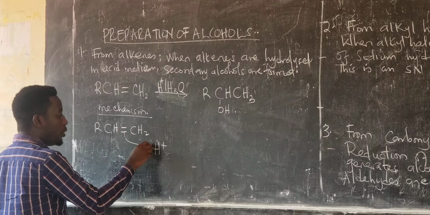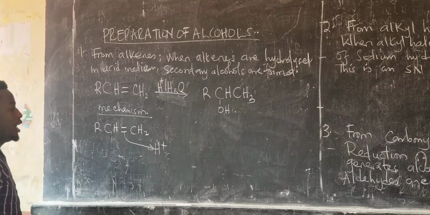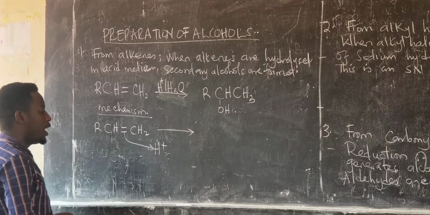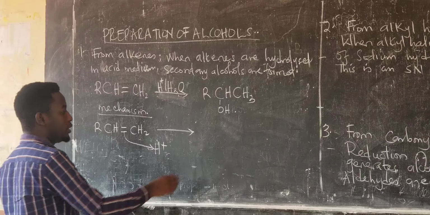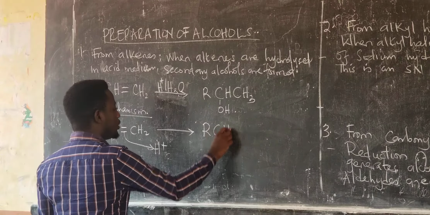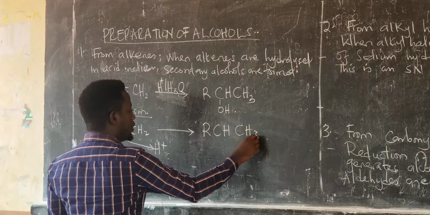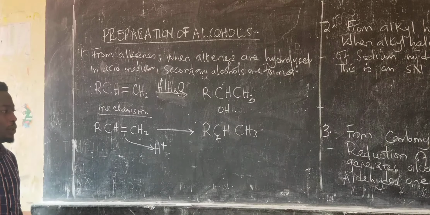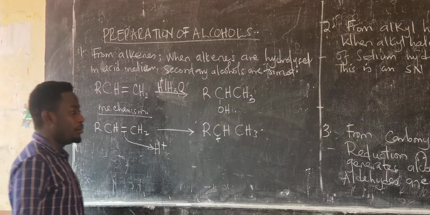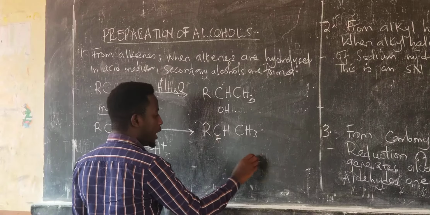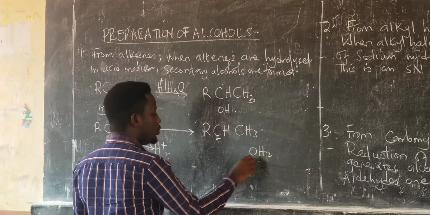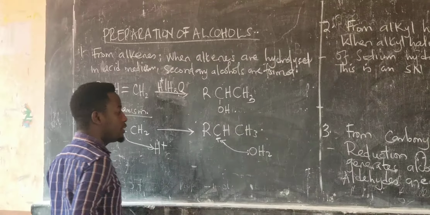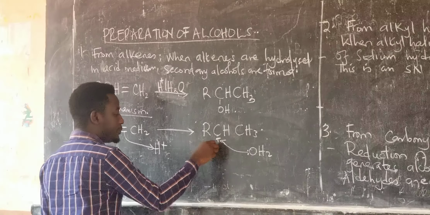So the double bond attacks that hydrogen, and by Markovnikov's rule, it will be attached to the carbon with more hydrogen atoms across the double bond. So it becomes CH3. This one, which has lost the double bond, will become positively charged. And because it has become a carbocation, the OH2 has oxygen that has one pair of electrons that attack.